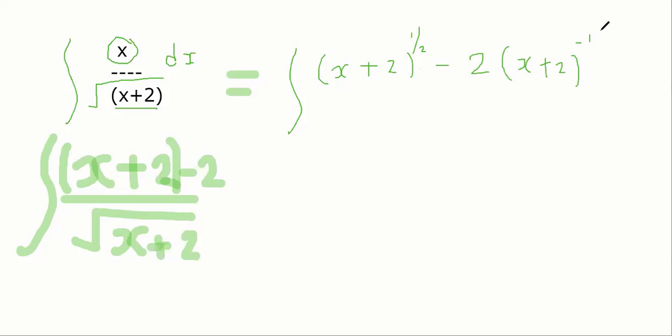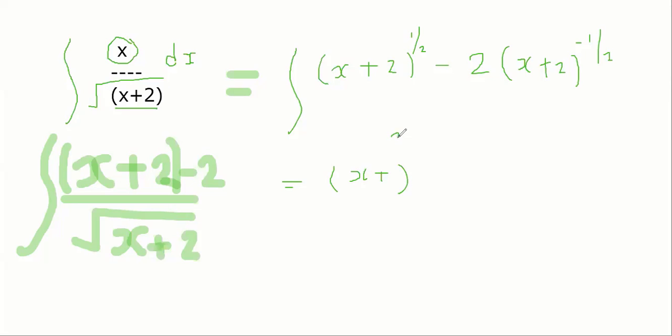Now it is very easy, everybody. Right, Manasi? So I just split it, and now it becomes very easy. x plus 2 power half and minus 2 into x plus 2 power minus half. What is the integration of x plus 2 power half? For x to power n, the integration is x to power n plus 1.